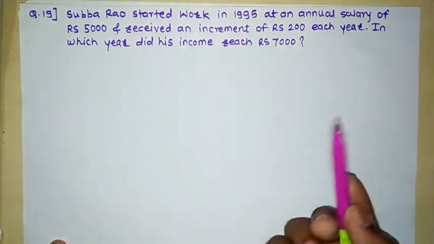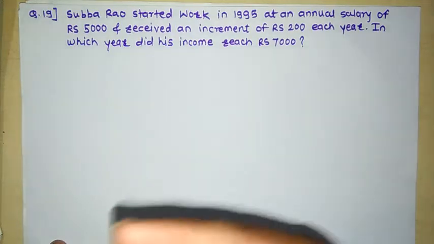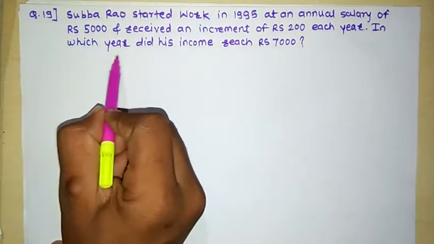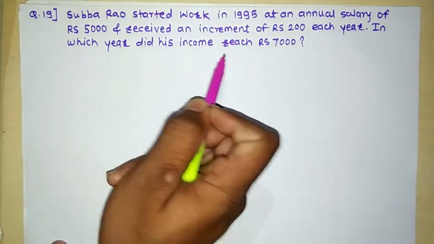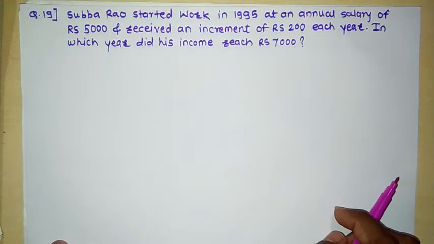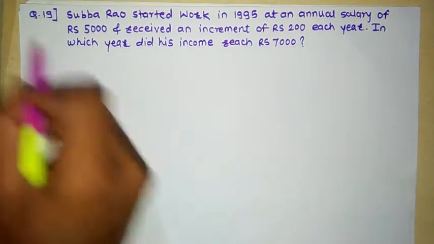Each year उसको क्या मिलेगा? 200 rupees एनुअल इंक्रीमेंट. In which year did his income reach rupees 7000? कौन सा ईयर पे उसका इनकम रुपीज 7000 बनेगा, that we have to find here.